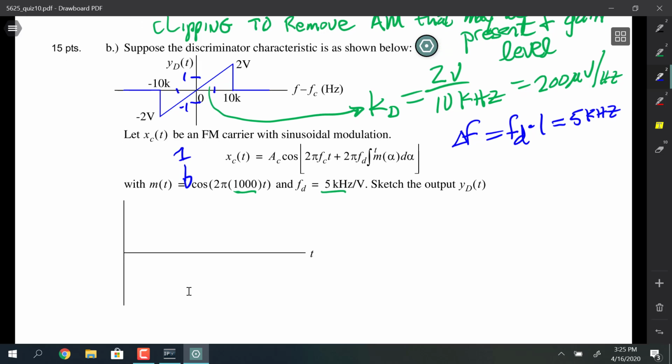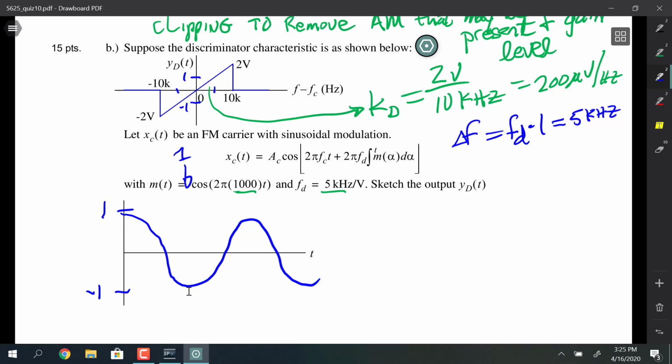And it never hits the ends of the discriminator, where the discriminator is linear. So that should be the type of wave shape we get.